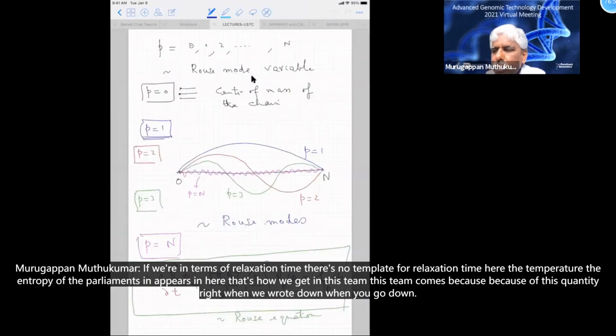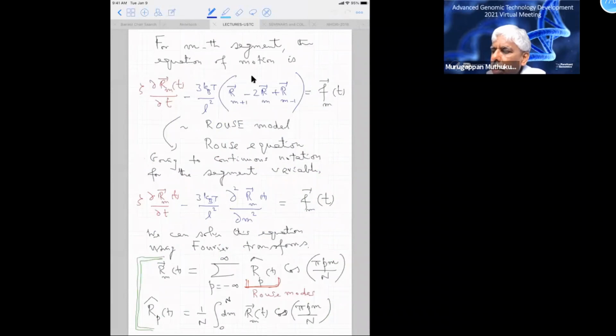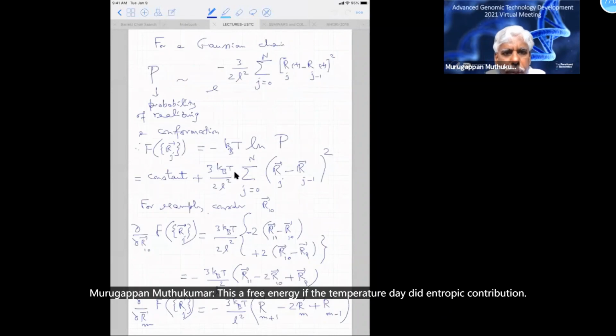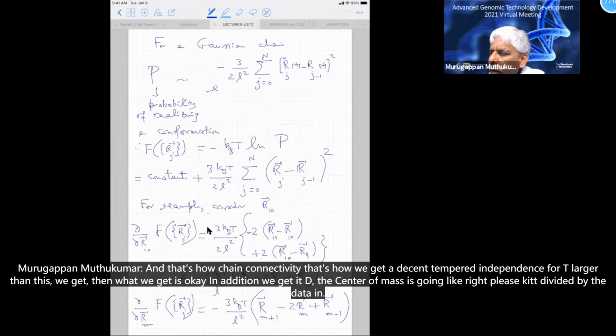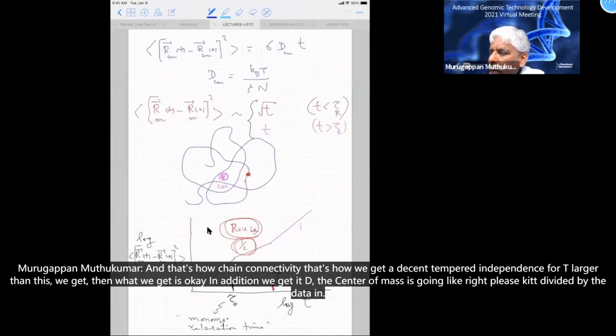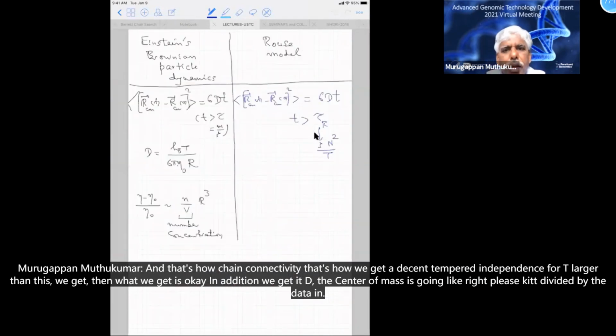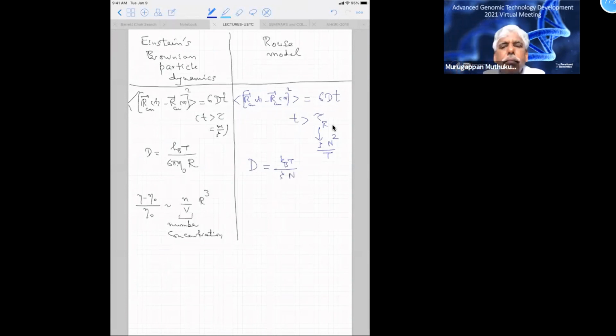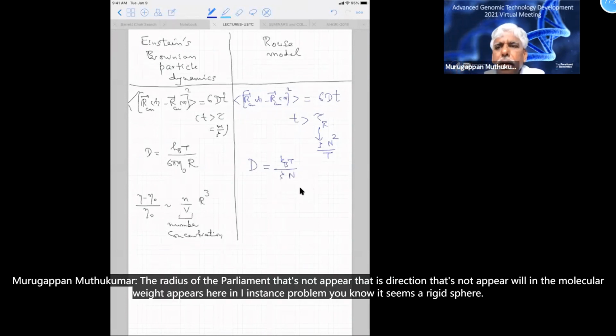When we wrote down this free energy, there's a temperature there. This is the entropy contribution. And that's how, through chain connectivity, we get this temperature dependence. For t larger than this, we get the center of mass D going like kBT divided by zeta N. The radius of the polymer does not appear.